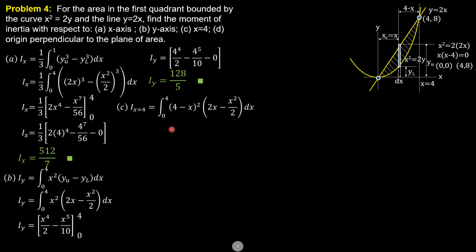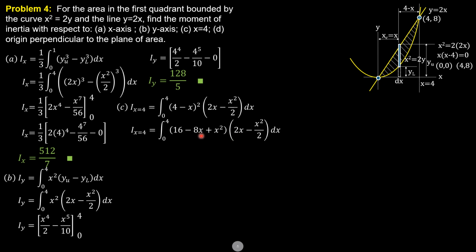So expanding, this is integral 0 to 4 of quantity 16 minus 8x plus x squared times quantity 2x minus x squared over 2. Then distributing and simplifying, that would be 32x, first term. Then 16 times negative x squared over 2, that's negative 8x squared. Then we have negative 16x squared combined, so negative 24x squared.